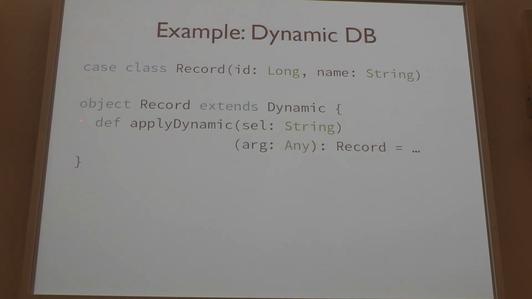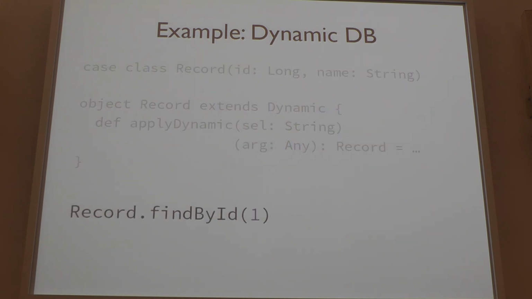Then you have an object Record, the companion object, that extends from Dynamic, and it implements the applyDynamic method that has this signature. This will allow you to do something like ActiveRecord from Ruby on Rails, I think, if I'm not mistaken. It allows you to call findByID on Record, and it should return you the record from the database that has the ID 1.